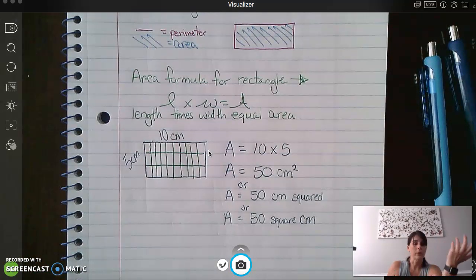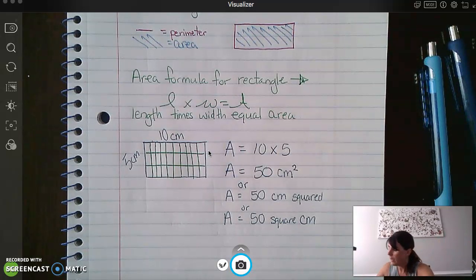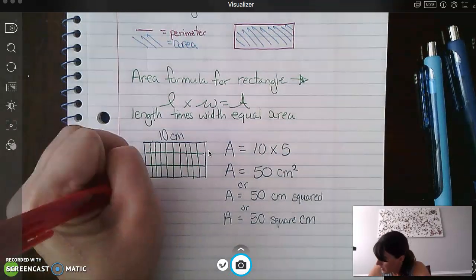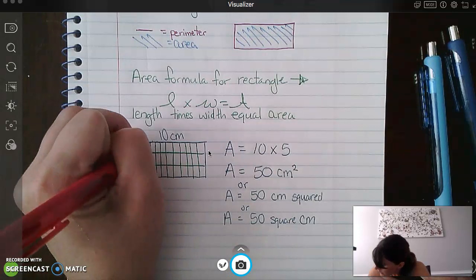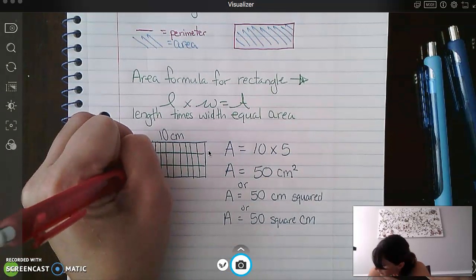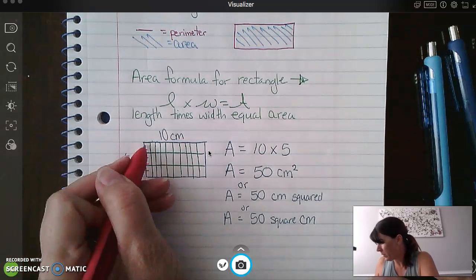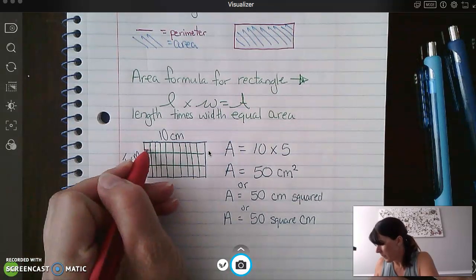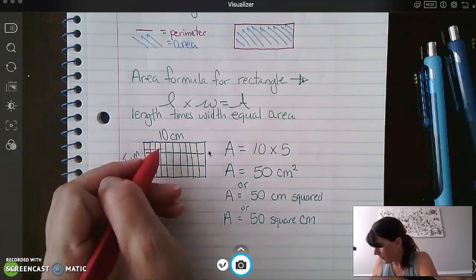Okay, and if I was using graph paper, they would be all even. And then the 5, if I divided this side into 5, it would be like 1, 2, 3, 4, 5.